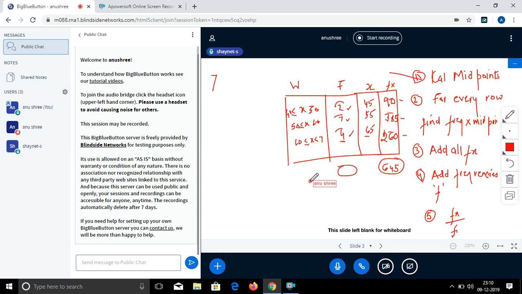Oh, that would be 13. 13. Yes. Now divide these. 645 divided by 30. Find the value.